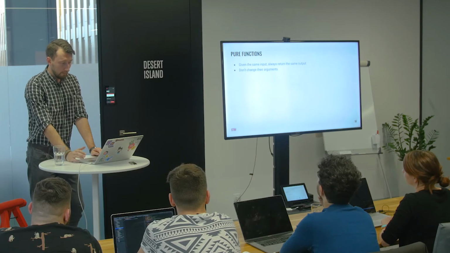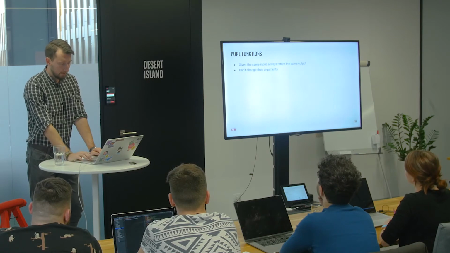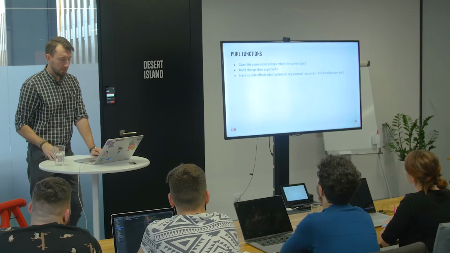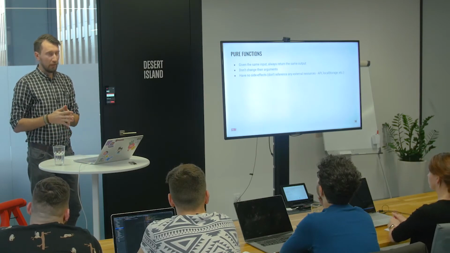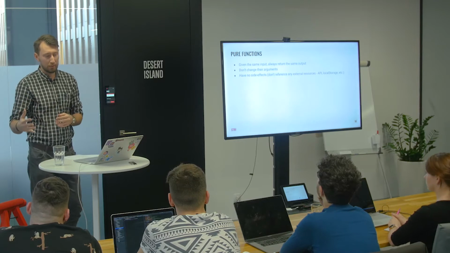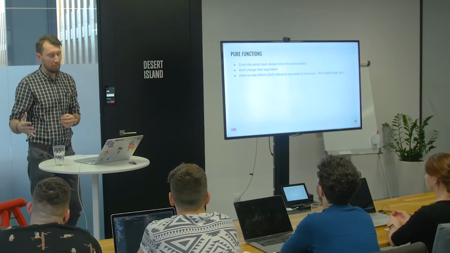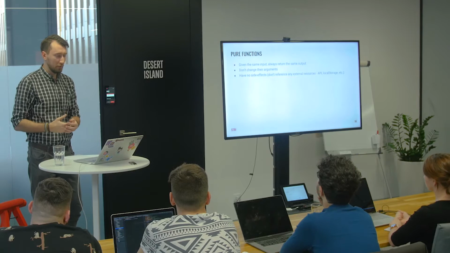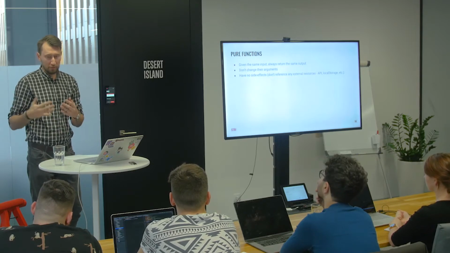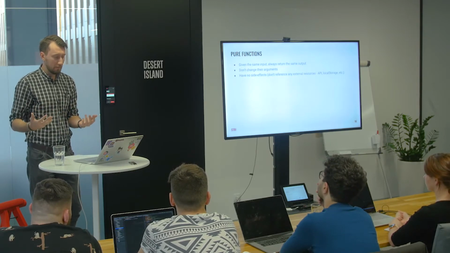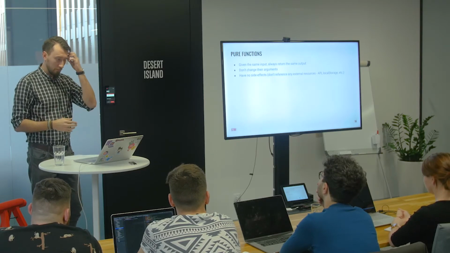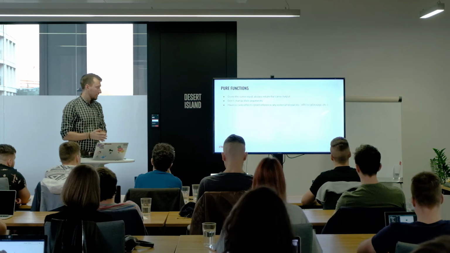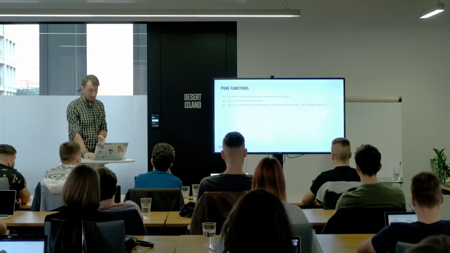It never mutates the argument that it receives, and it has no side effects. To explain this more, if a function references a variable outside of its scope, if it calls an API, if it uses local storage, if it uses any sort of external resource, that is called a side effect, and that is a no-go for pure functions. So, 3 simple principles.